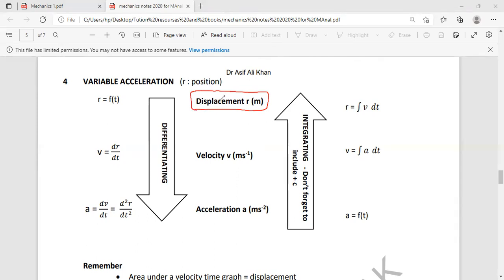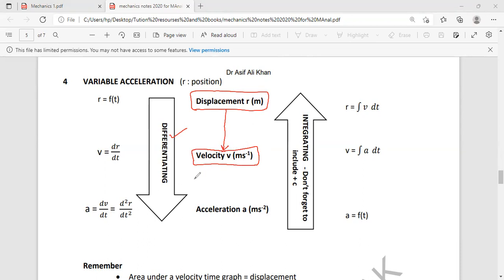When displacement is given and you take the derivative of displacement, you will find the velocity. It means from the displacement, if you want to find velocity, you have to differentiate. When you differentiate once, you will get the velocity. Remember differentiation? Practice pure mathematics.